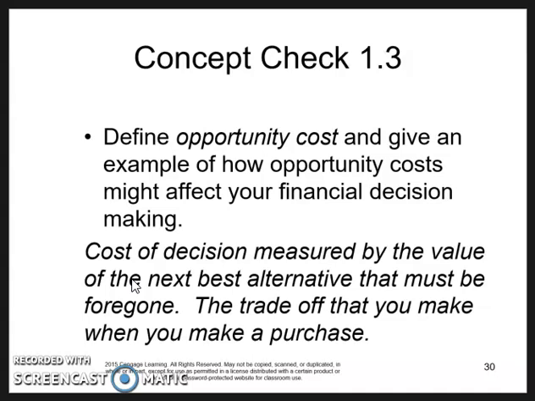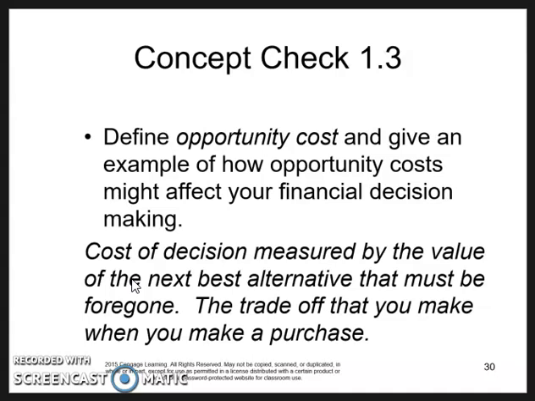A good example here, not necessarily related to making a purchase, is your employer offers you overtime. So, it's completely up to you. The only thing you lose if you decline it is that income.